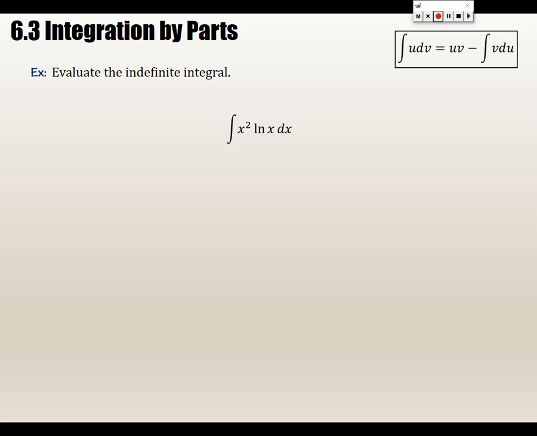It would be the antiderivative, which is x squared, which would be 1/3.